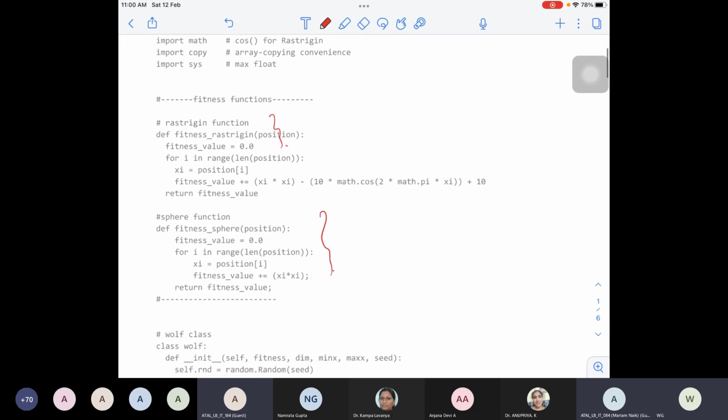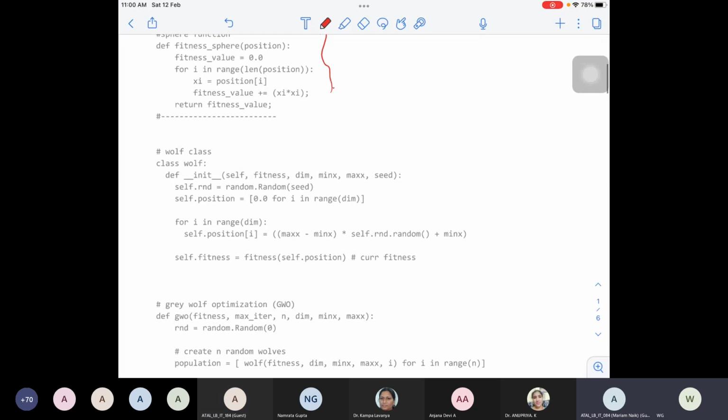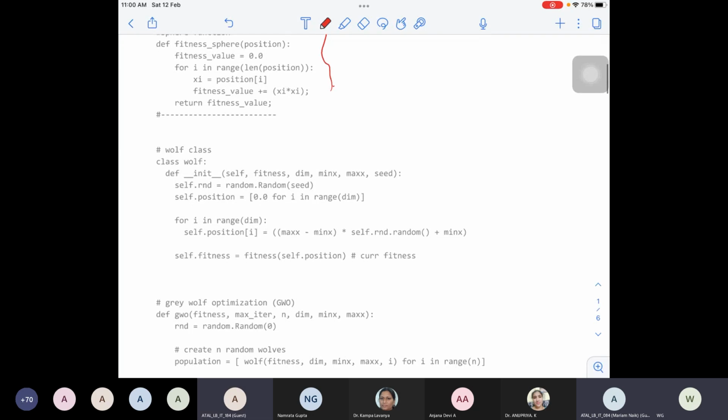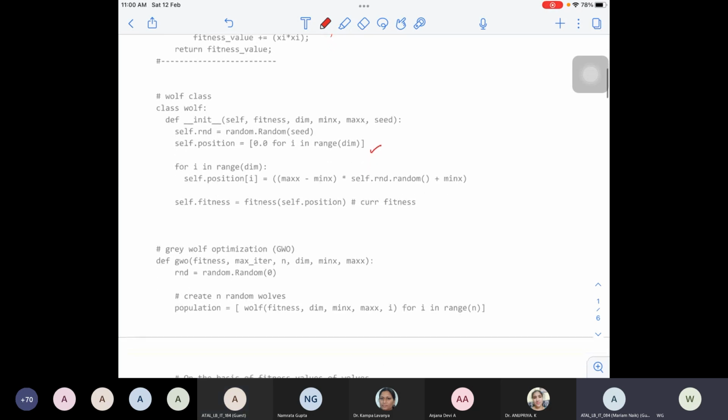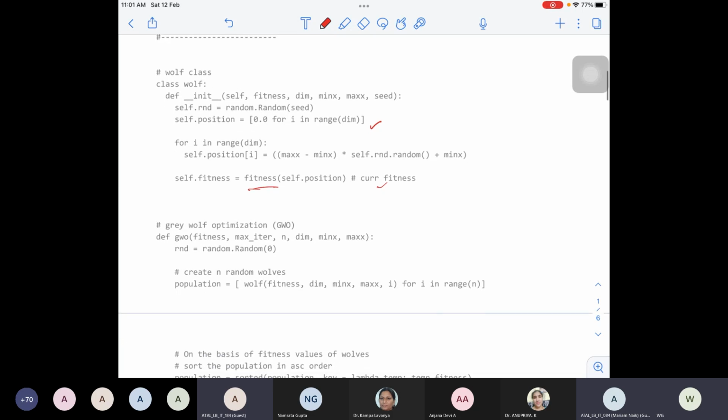Just as in the previous case, we have some initial positions that have been initialized, and then the fitness is found with respect to the different positions, right?